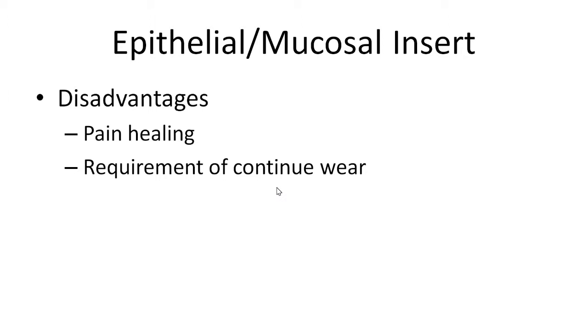The button engages the soft tissue. If it's not worn for any length of time, obviously the soft tissue will close up. It is quite painful during the healing phase until this tissue becomes keratinized. It's not terribly popular, but it is still used in some parts of the world, and you may come across it.